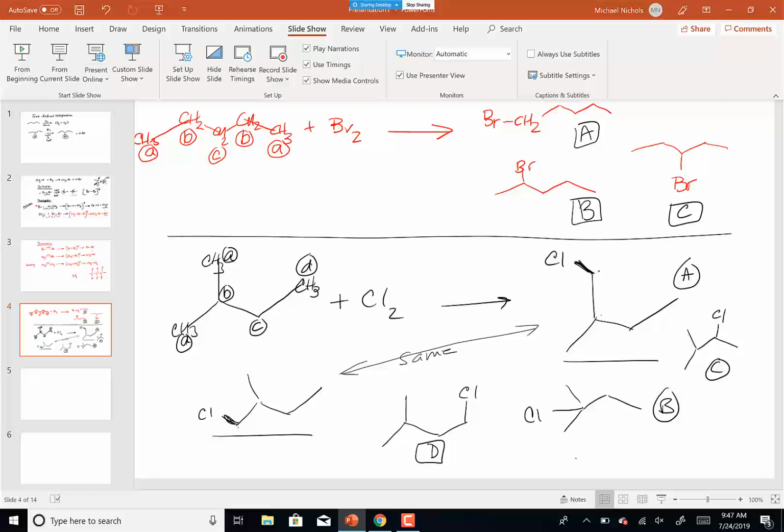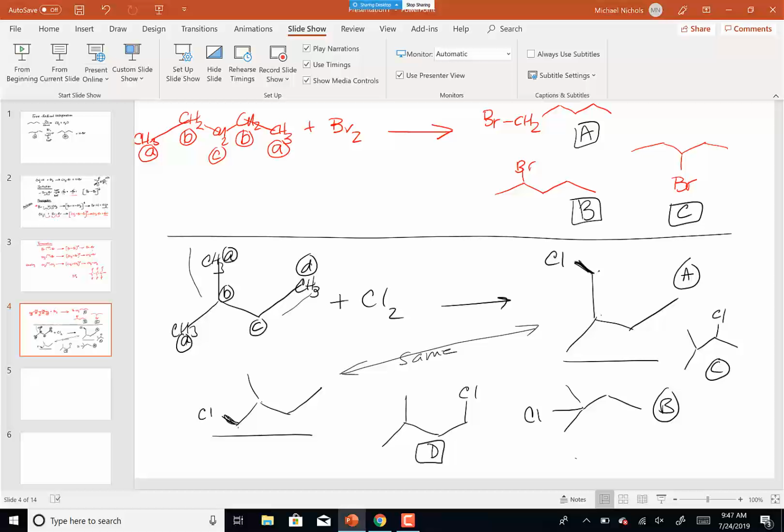So CH3, CH2, CHs will always give unique products. If you've got 2 CH2s, you have to make sure, are those the same or not? And for these two methyl groups, if you go back all the way to naming, remember if we had a long chain and if I went this way, I would get the same name as if I went the other way.